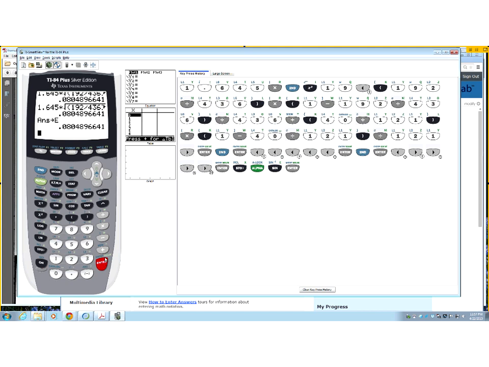The other thing I have to do here is I have to find out what p hat 1 minus p hat 2 is. I need to find the difference between my sample proportions from the first group and the second group. So the first one was 192 over 436, minus 40 over 121.